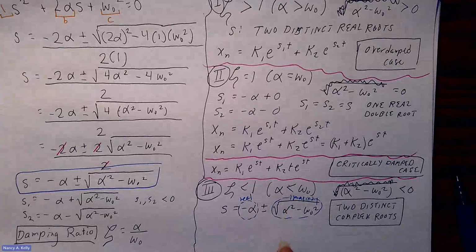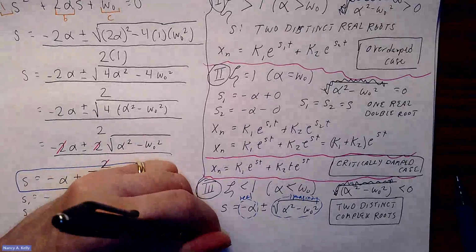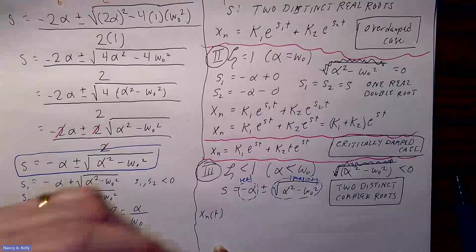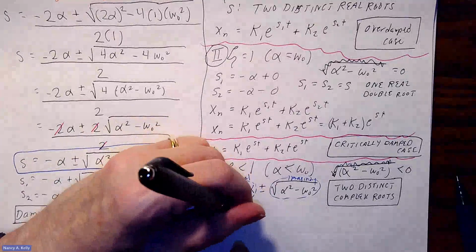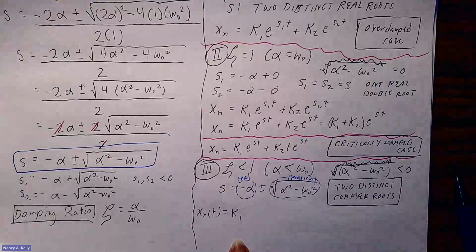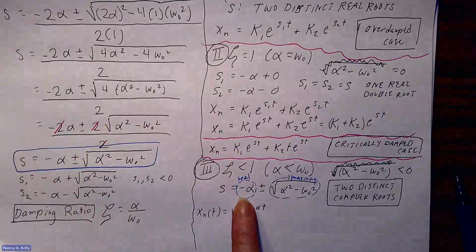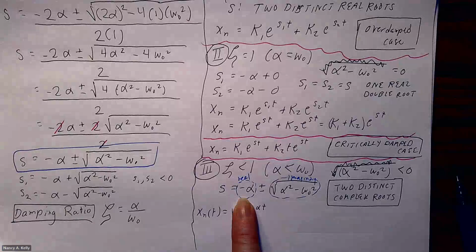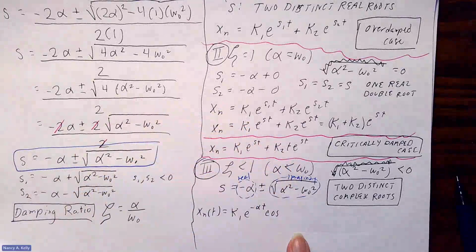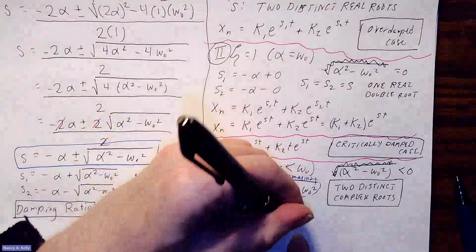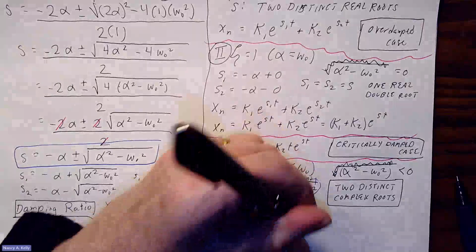The solution for this has a specific form. X sub n of t is going to equal K1 times e to the minus alpha t, so there's that real part, times the cosine of omega sub n t.